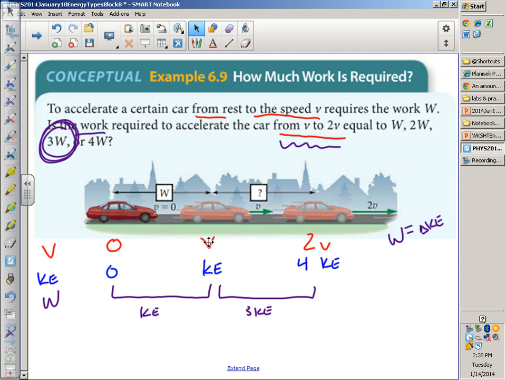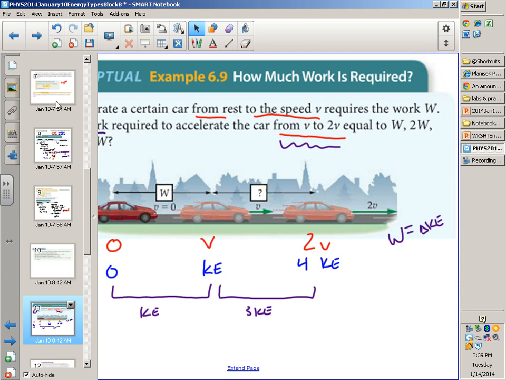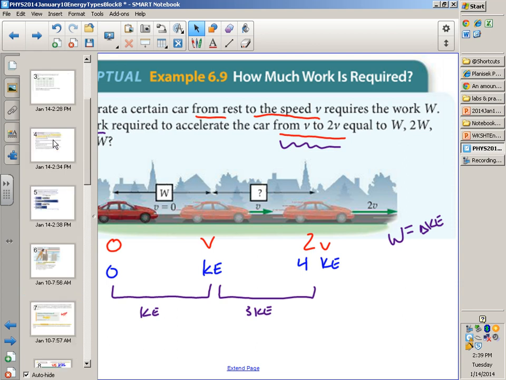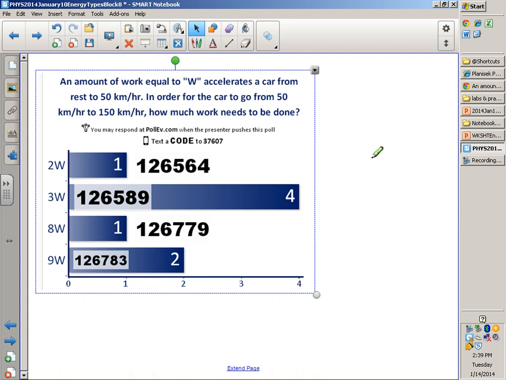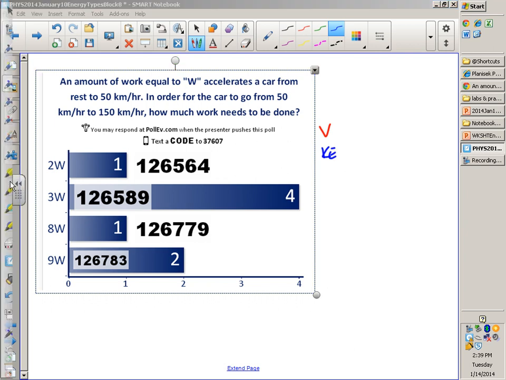Increasing the speed from V to 2V took the kinetic energy from 1 to 4, because remember, we have to square the velocity. With that same idea, let's take a look at this case. We need to keep track of 3 things in this problem: velocity, kinetic energy, and work.